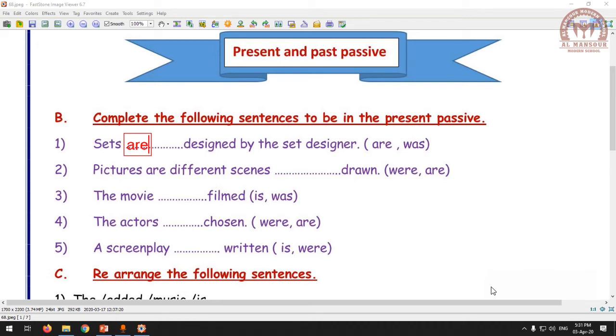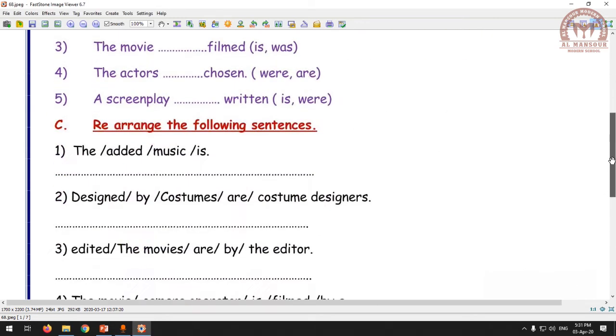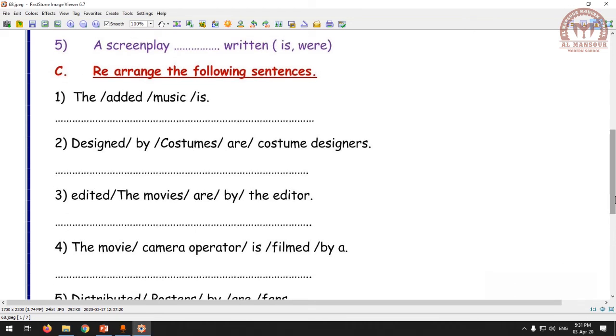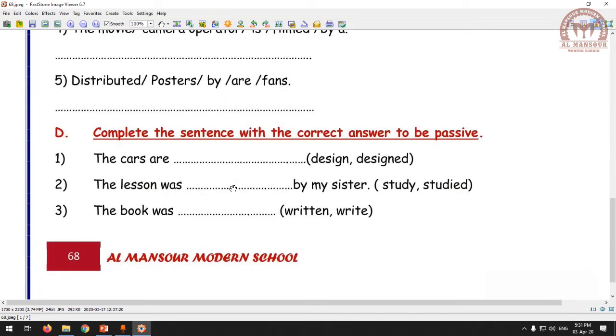It's both are fine, okay? We're gonna rearrange the following sentence. The music is ad. Okay? All right, let's go to the second exercise. Complete the sentence with the correct answer to be passive. All right. The cars are designed. Because we have to use the past participle because this is a passive sentence.